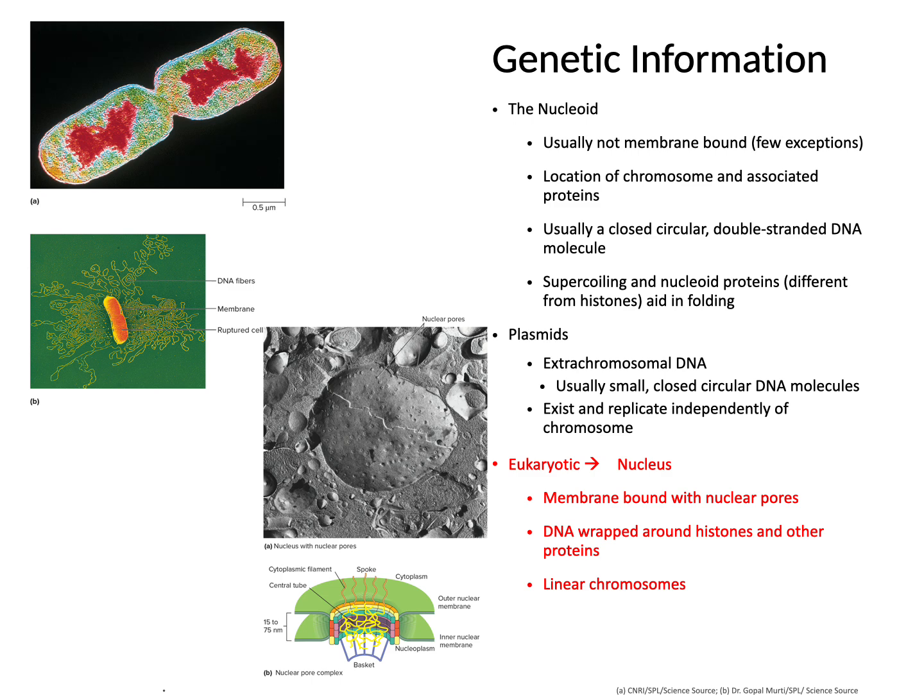So the genetic information, the DNA, is going to stay in. The DNA, the chromosomes get wrapped around histones and other proteins, so it is packaged and organized very neatly, if you will.